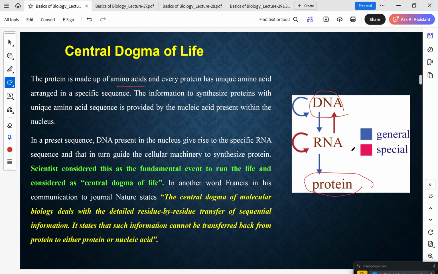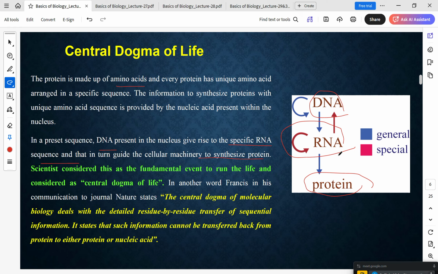There is an intermediate stage between DNA and protein known as ribonucleic acid, or RNA. So the DNA gives rise to a specific RNA sequence that guides the cellular machinery to synthesize the protein, and this is called the central dogma of life.